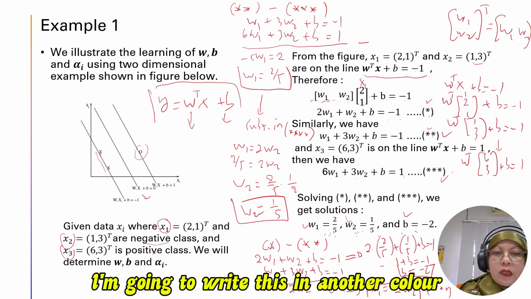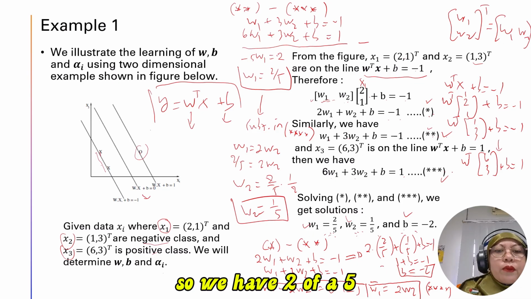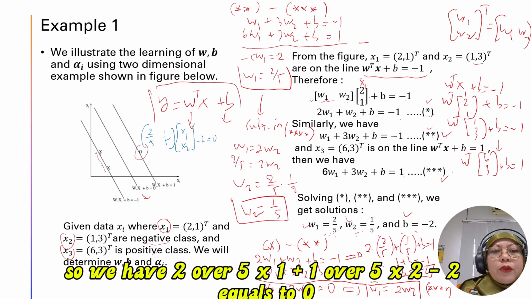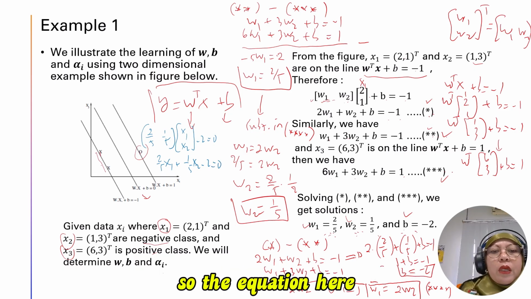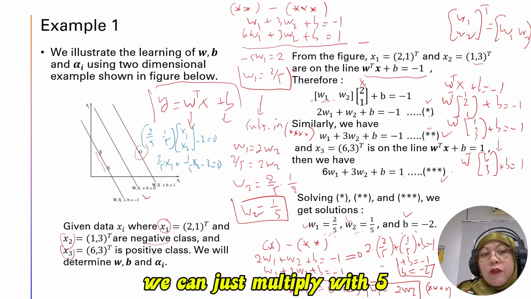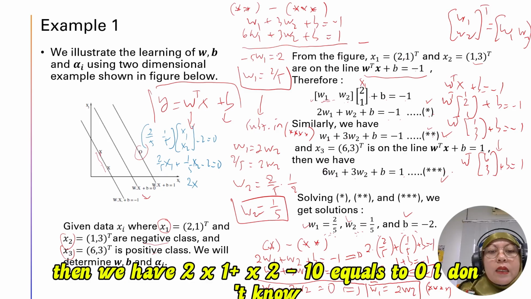So we have 2 over 5 x1 plus 1 over 5 x2 negative 2 equals to 0. If we don't want to deal with the fraction, we can just multiply with 5. Then we have 2x1 plus x2 negative 10 equals to 0.